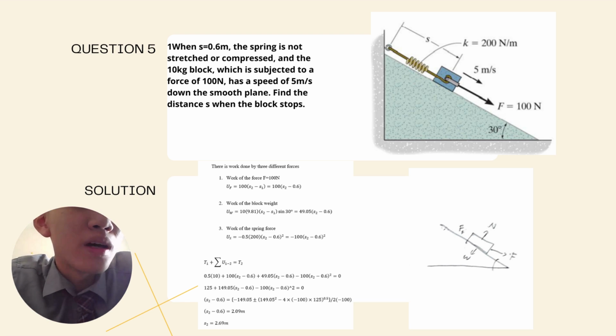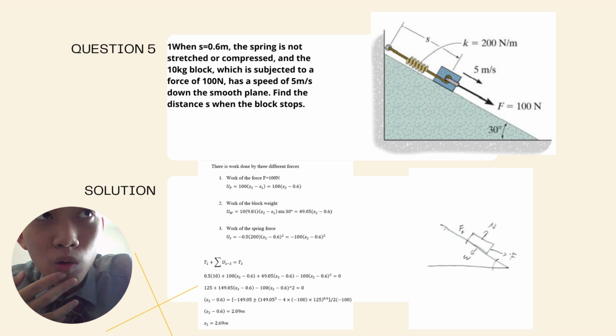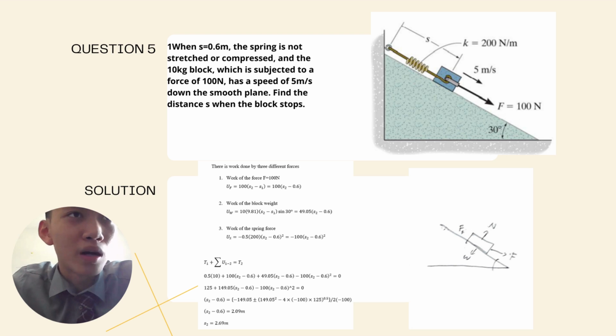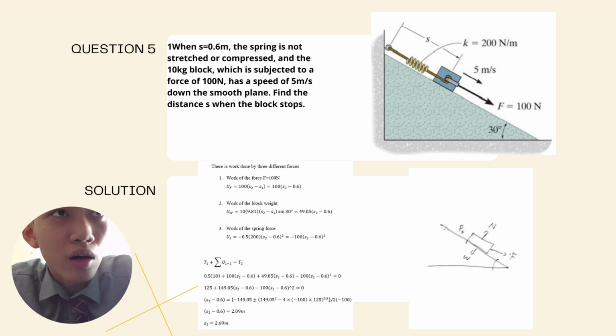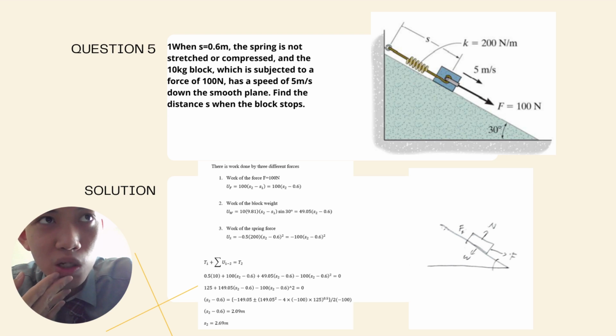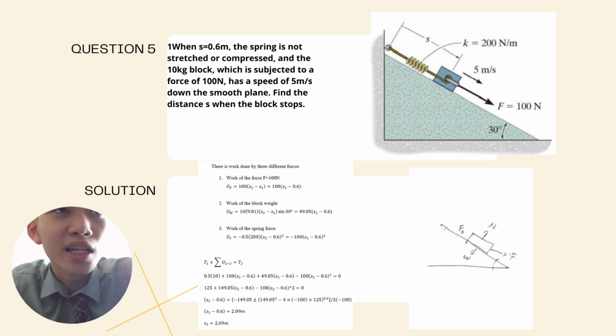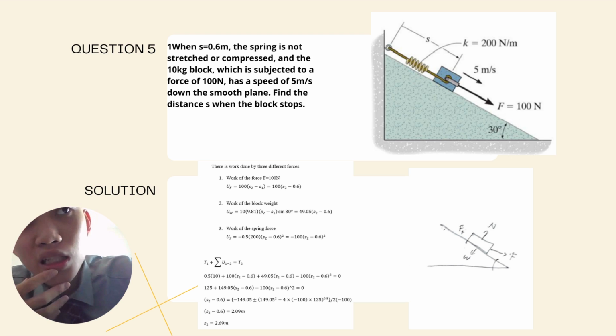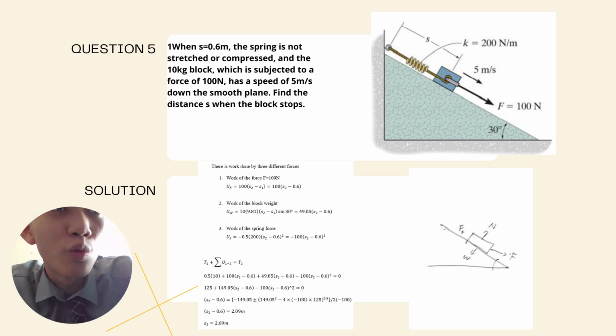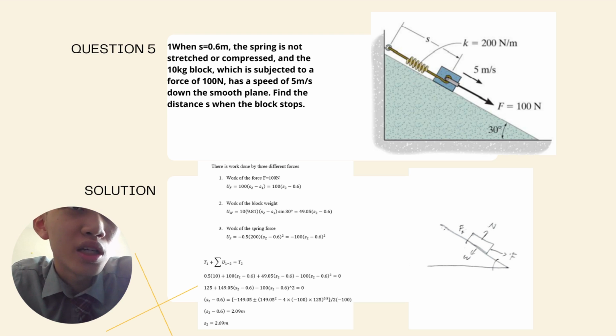We will get, from 1 to 2, integrate force with respect to displacement equal to integrate mass multiply velocity with respect to velocity. So after integration, we will get the total work done equal to 1 per 2 mv squared in final position 2 minus 1 per 2 mv squared initial position 1.